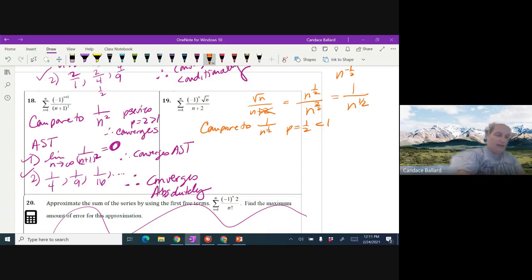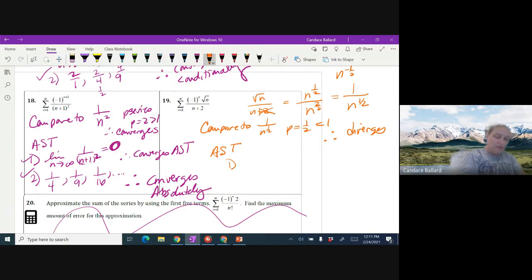I'm waiting because I want to make sure everybody has a chance. All right, so this part diverges. And then we're going to do our alternating series test to see if we can get it to converge by that. And if it doesn't, it will be conditionally convergent.